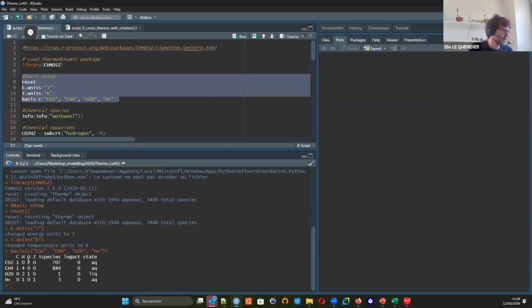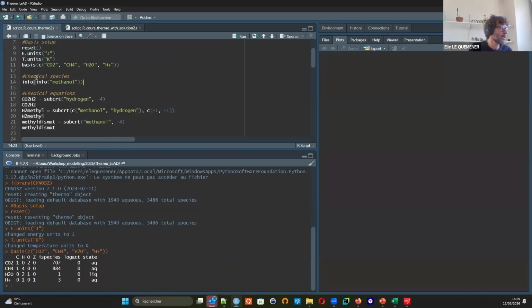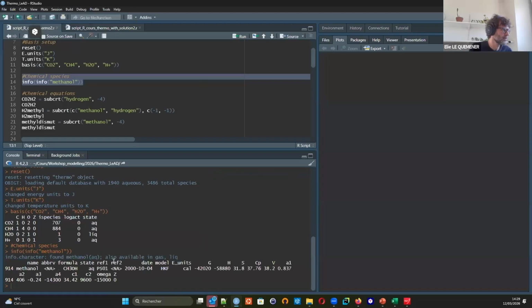And you see when we do that, it gives us some information: the formula of the elements, then the name, the number of the species in the database, the concentration, and the state. So dissolved or liquid for H2. And if we want more information on one specific compound, we can do that.